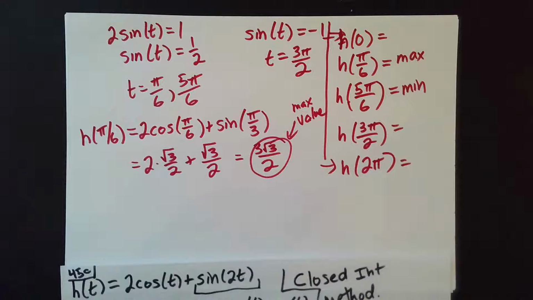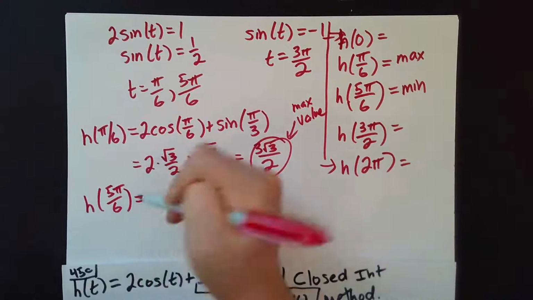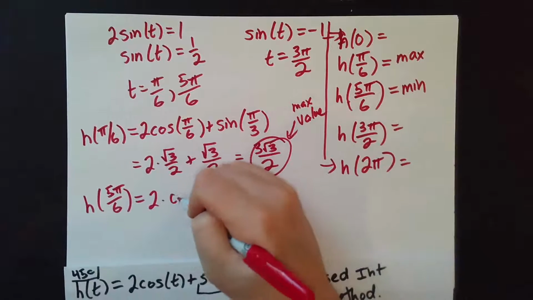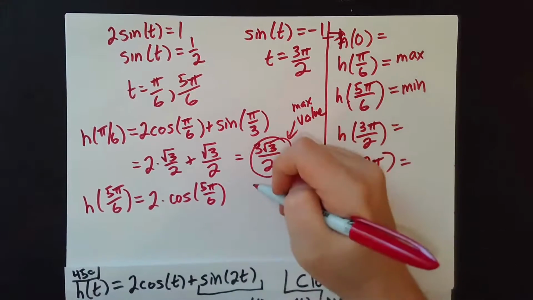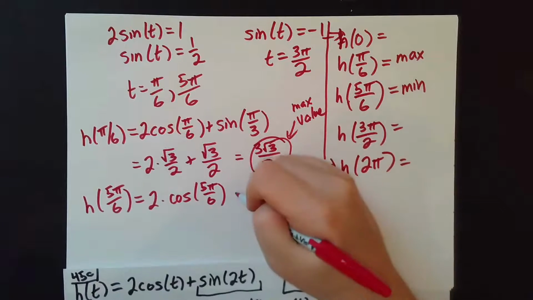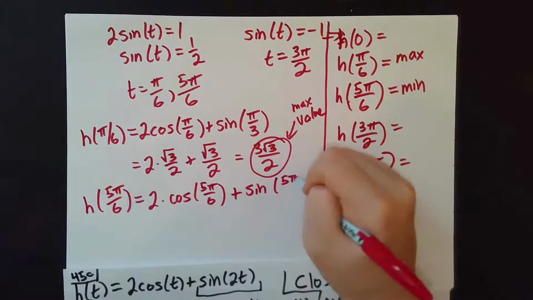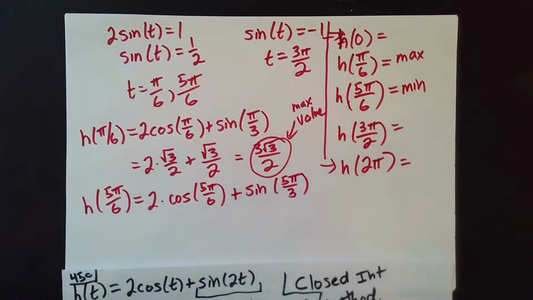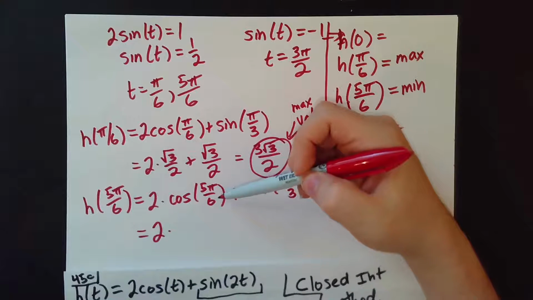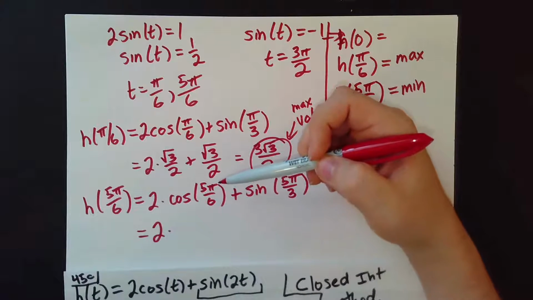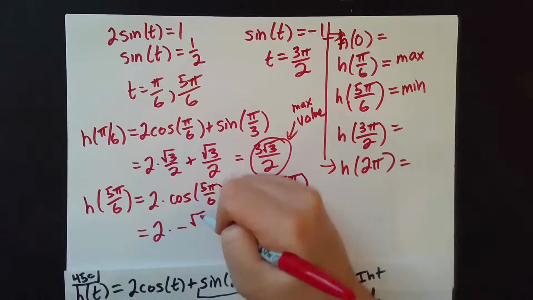And then the min value happens at 5 pi over 6, where I get twice the cosine of 5 pi over 6, and then plus the sine of 5 pi over 3. Okay, so this is 2 times, and so the cosine of 5 pi over 6, you can convince yourself, is root 3 over 2. Sorry, it's minus root 3 over 2.